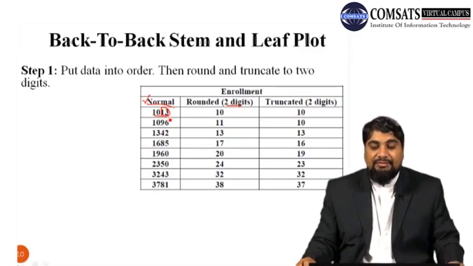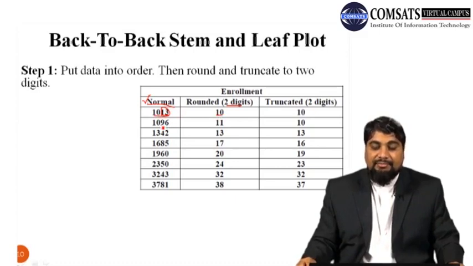Here the last 2 digits are 13, which constitute 1 and 3, so the number is 13. In order to round this 1013 to a 2-digit number, we will see whether the last 2 digits are 50 or greater than 50. Here in our case we have 13, which is less than 50. So this 1013 will be rounded to 10.